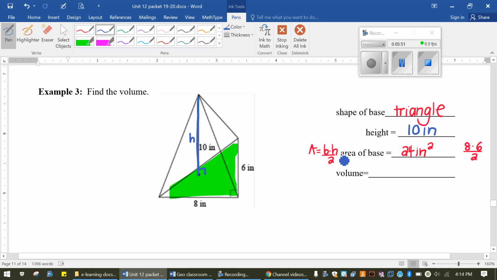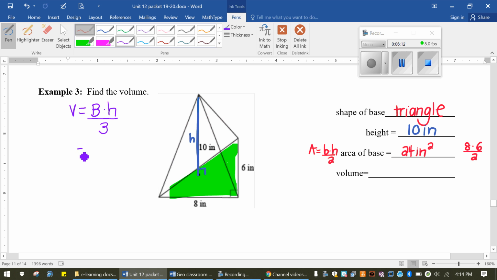The difference there on the area of the base is you have to be careful. You need to do base times the height of that triangle and divide by 2. The volume is the area of that triangle base times the height of the pyramid, and you divide by 3.